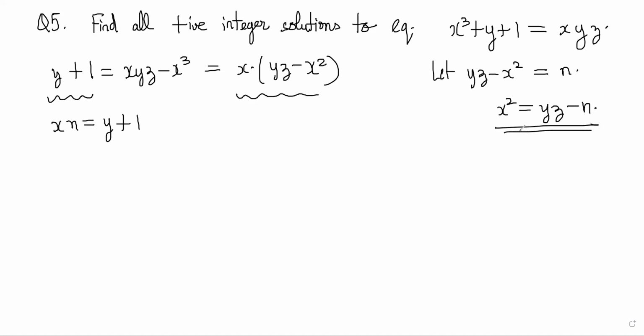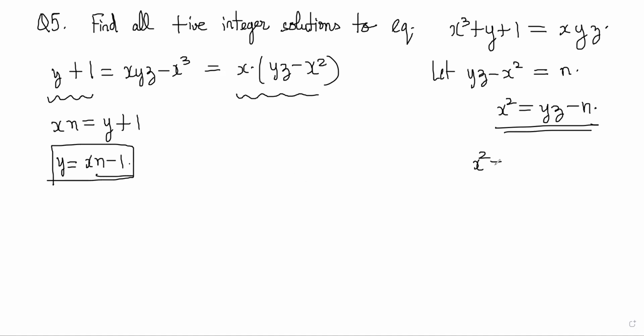x squared is equal to yz minus n. And what was y? y was xn minus 1. Let's put this y in here.